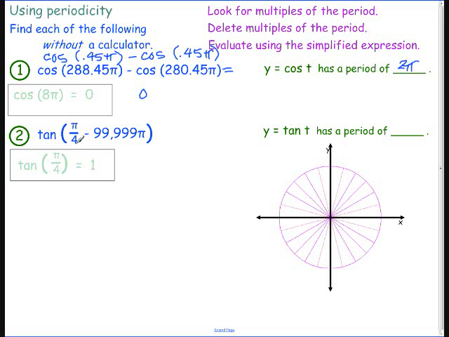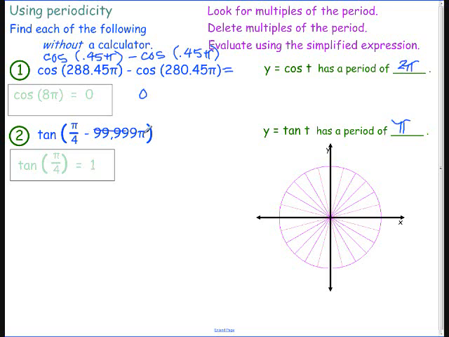How about this next one? Pi over 4 minus 900, oh my goodness, 99,999 pi. Well, tangent has a period of only 1 pi. We're going to look at that more later.